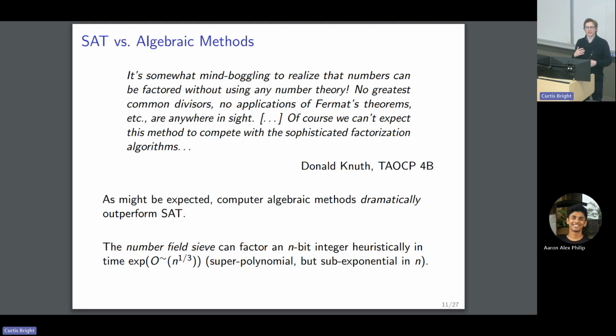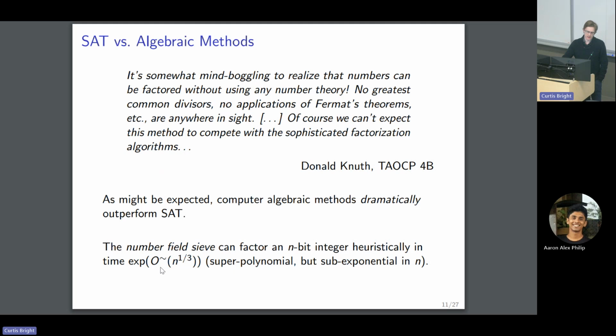It's not using any kind of number theory that we can exploit, right? Computational number theorists have come up with really fast ways of factoring. Well, not polynomial time ways of factoring, but ways of factoring which are much better than just brute force search. In fact, the best known factorization algorithm today is called the number field sieve, and it can factor an n-bit integer in approximately e to the cube root of n.